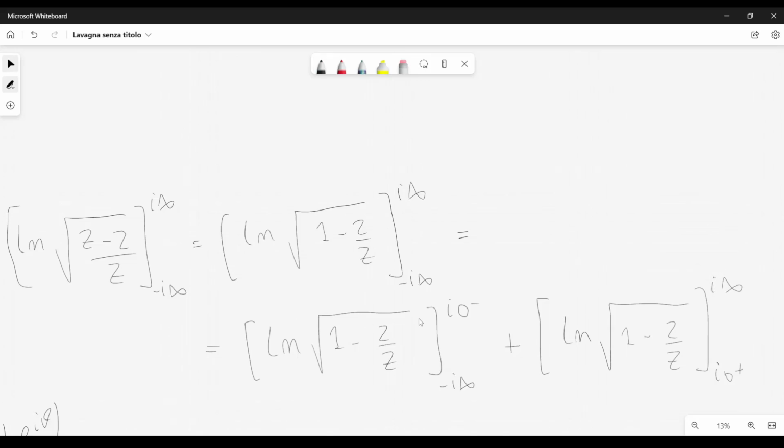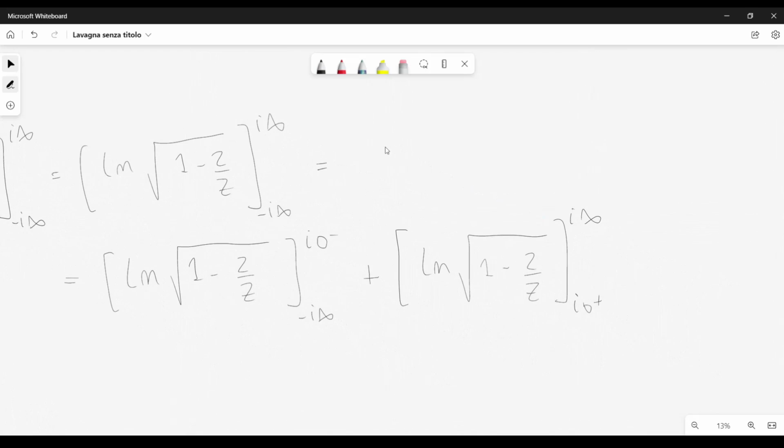This is the result that we have to accept. We cannot accept this one here because there is a discontinuity contained in the region of integration. So we have to split the result in these two parts and take the limit.